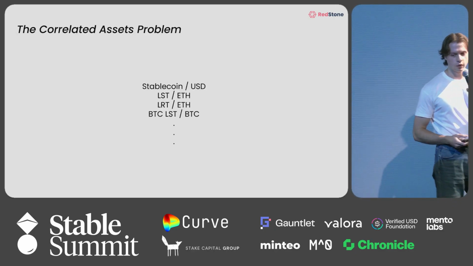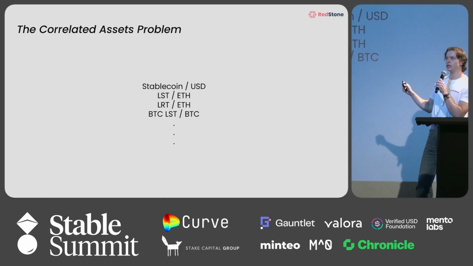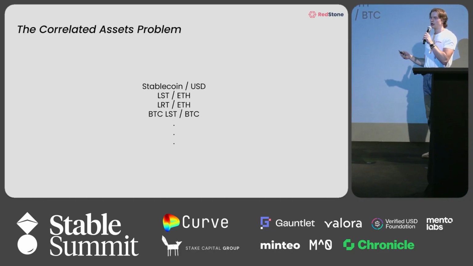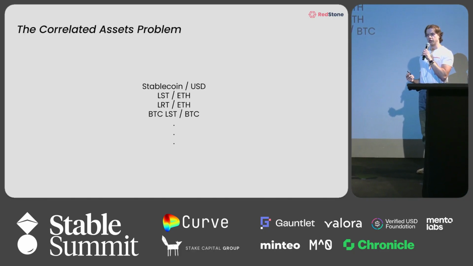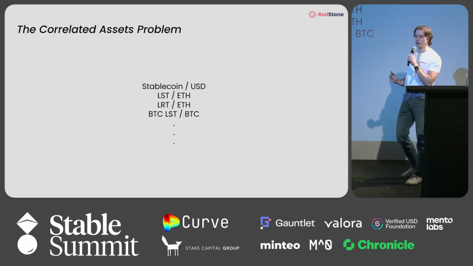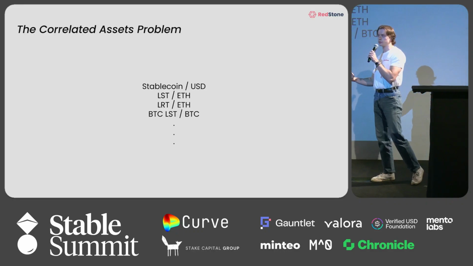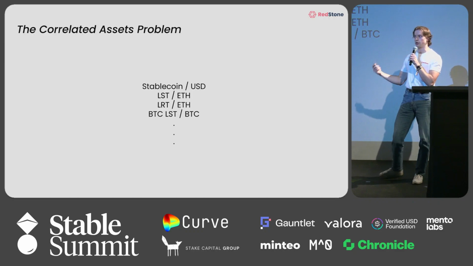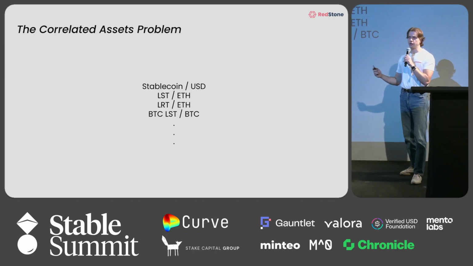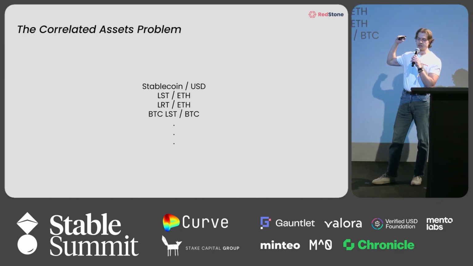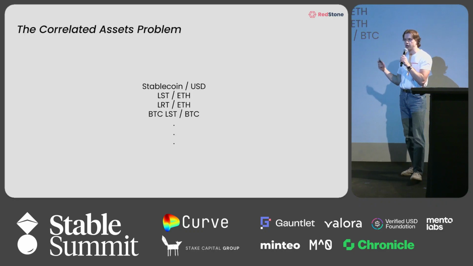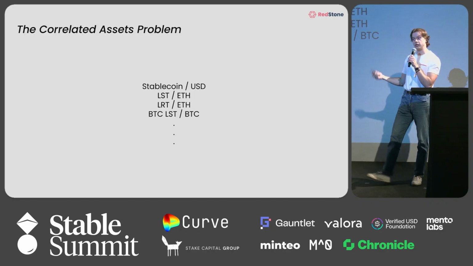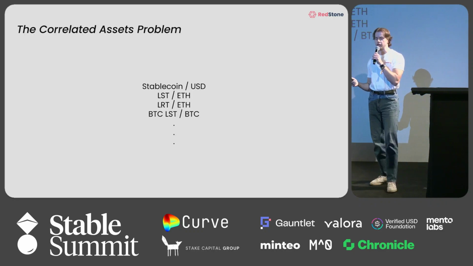Now, when it comes to correlated assets, these are all the assets or asset pairs for which the price is close to a fixed value, such as 1, or 1 plus yield if we are talking about a yield-bearing stablecoin or yield-bearing asset in general. These are all the stables priced in USD, all the LSTs priced in ETH, LRTs priced in ETH, Bitcoin LSTs priced in Bitcoin.